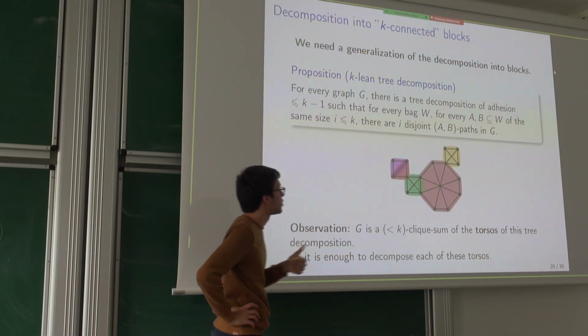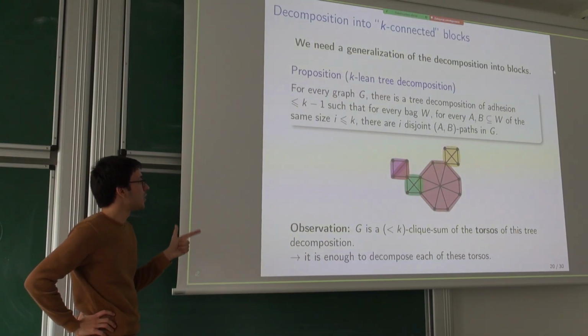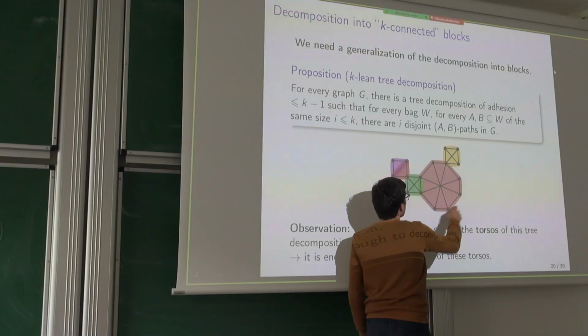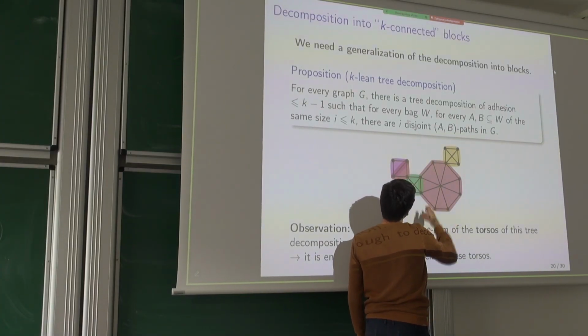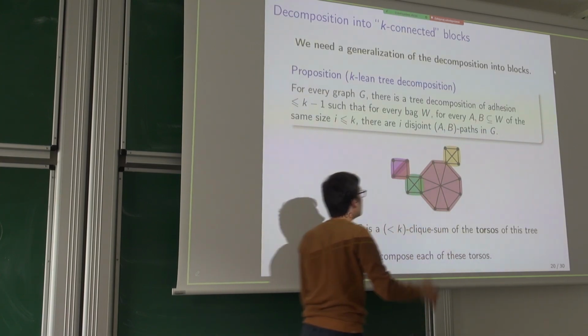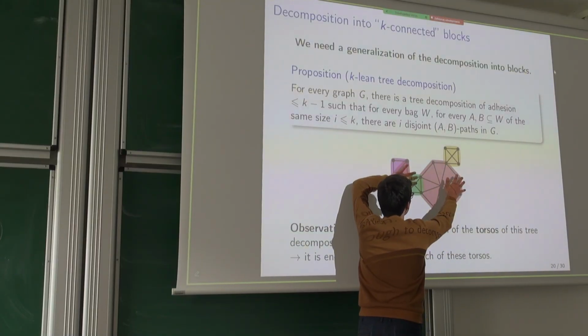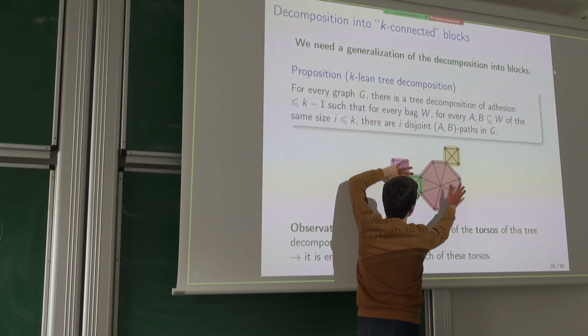So this is one observation, and the second observation is the connection of this notion with clique-sums. The idea is that when you take two adjacent bags, or even an adhesion actually, it will give a clique-sum between the left side and the right side, but not exactly, because you need to be sure that you are gluing your two graphs on a clique.